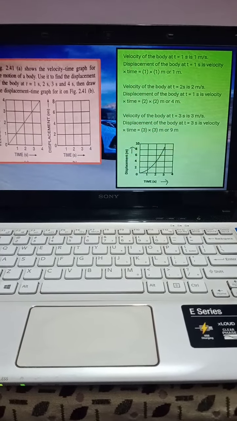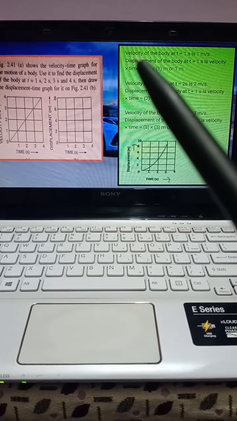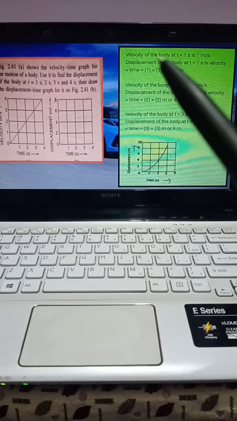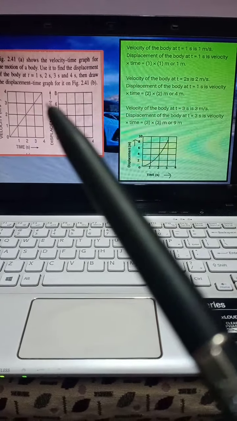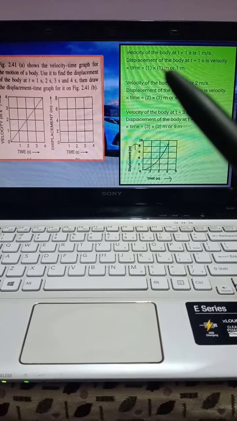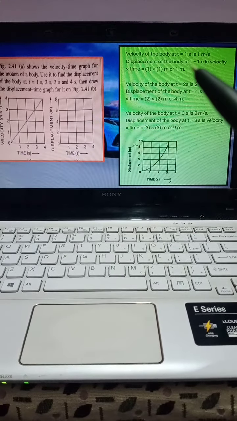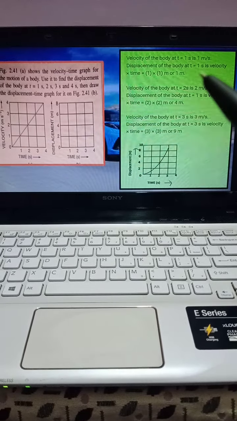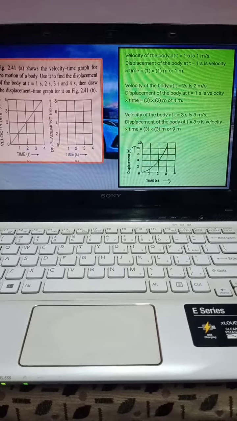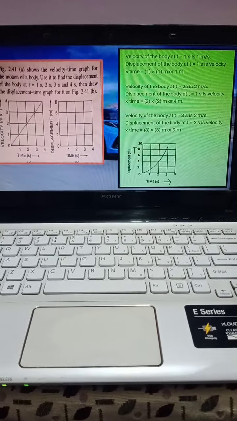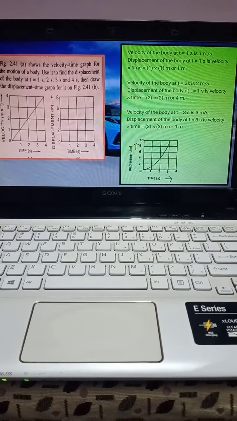For example, the velocity of a body at t1 second is 1 meter per second. Therefore the displacement of the body at t1 second is velocity into time.